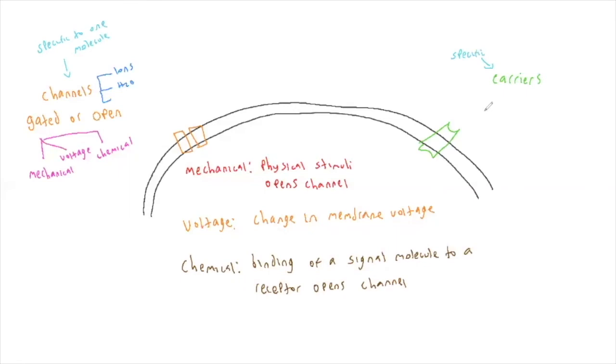What happens is that something that is large and polar usually is going to bind with the carrier transporter, and it will be able to travel into the cell or out of the cell. An example of this is what is called a GLUT protein. Glucose binds with it, and then that glucose is transported into the cell.